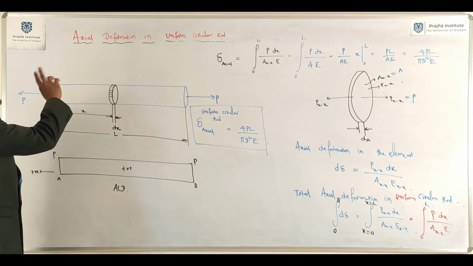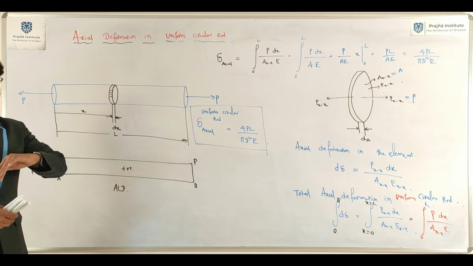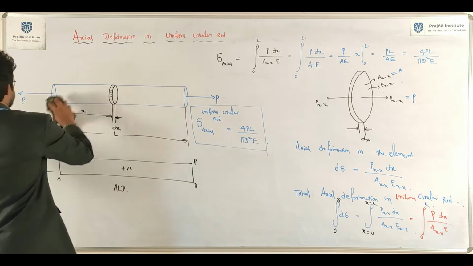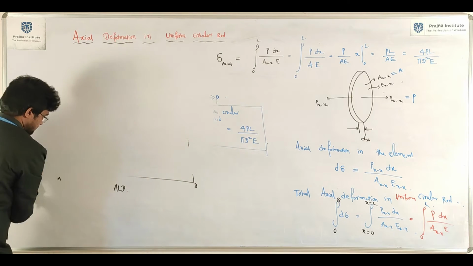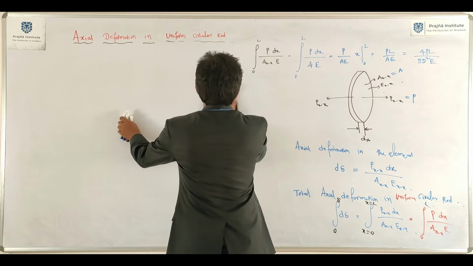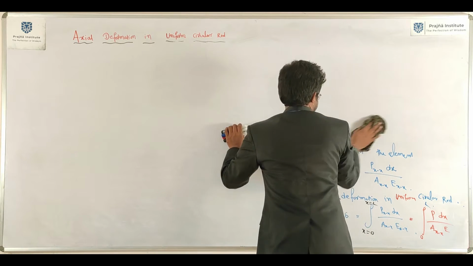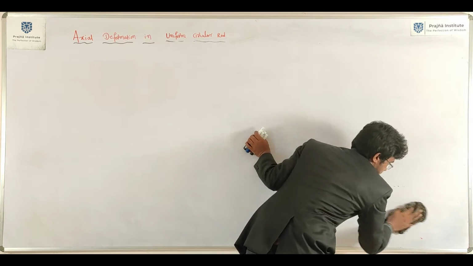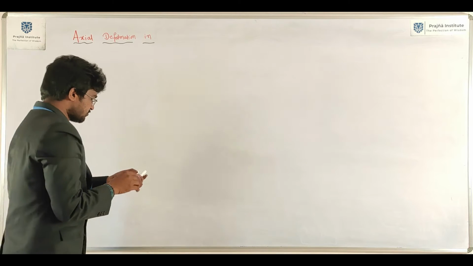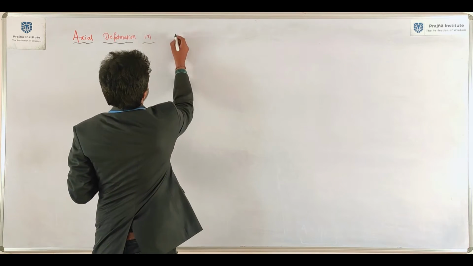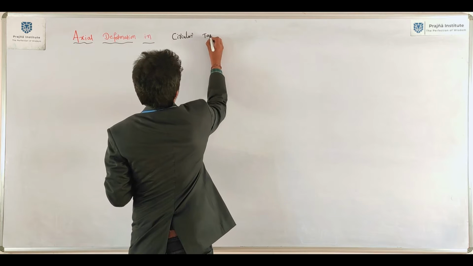Now, next is axial deformation in a tapered rod, a circular tapered bar.